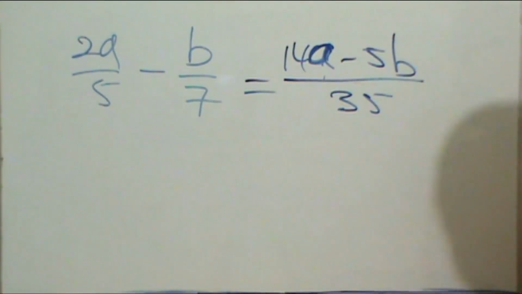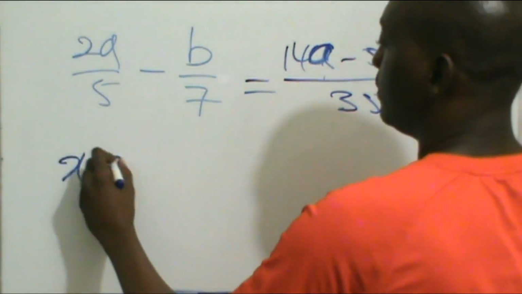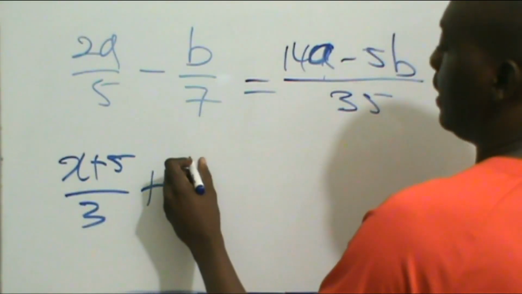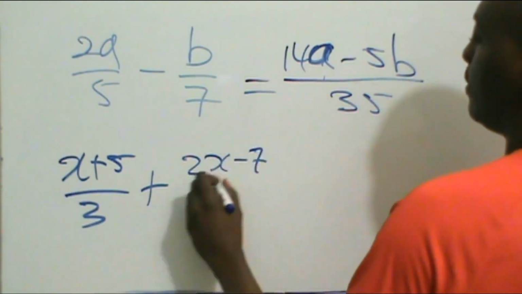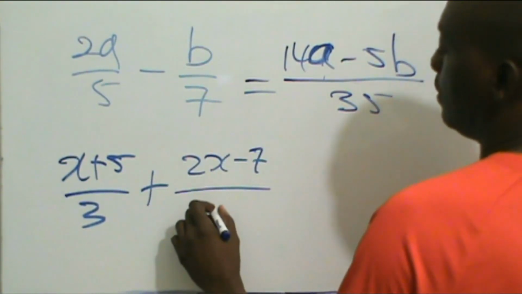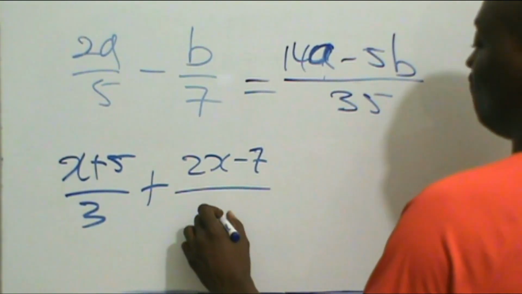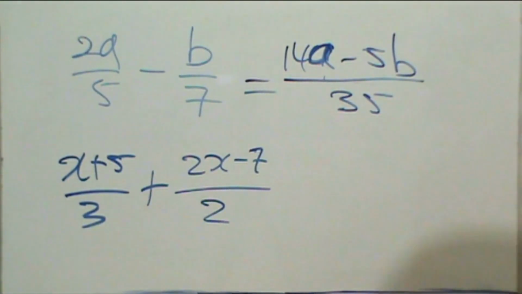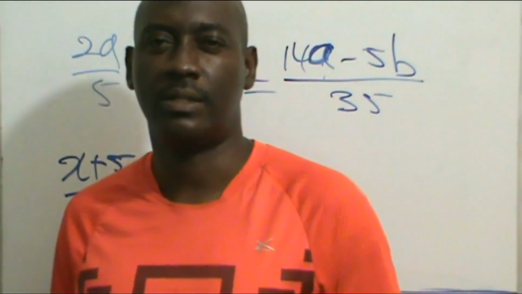And let's take another random example. If we have, let us say, x plus 5 over 3 plus 2x minus 7 over, let us say, 2. And they ask you to make that into a single fraction.